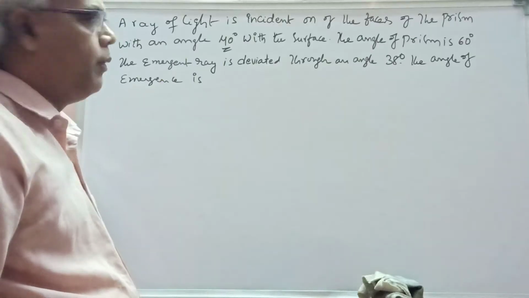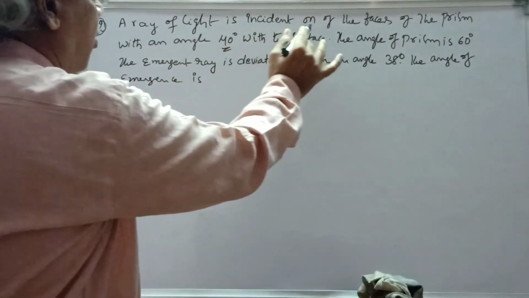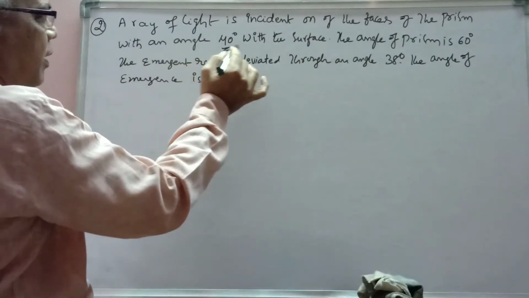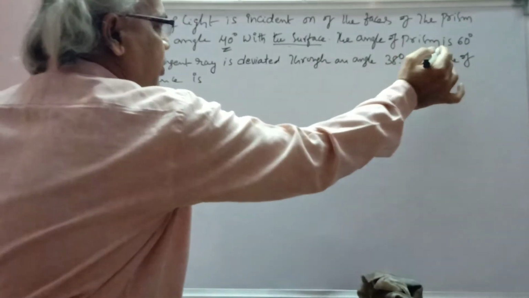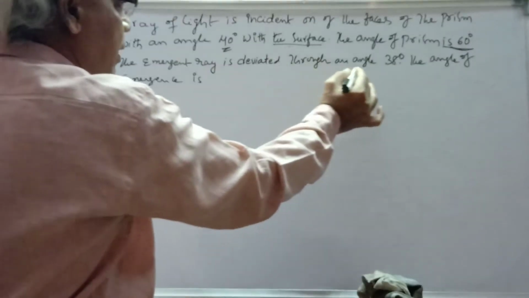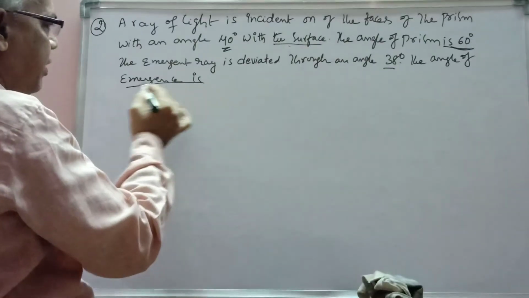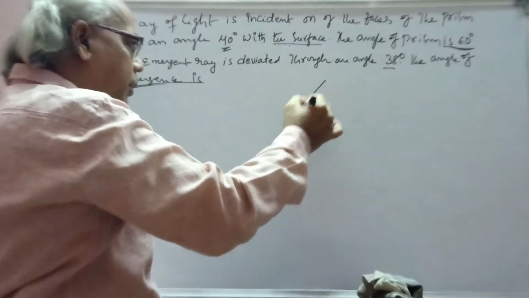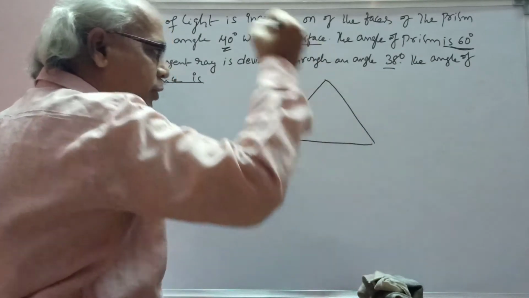Now in this problem, a ray of light is incident on one of the faces of the prism with an angle 40 degree with the surface. The angle of prism is 60 degree. The emergent ray is deviated through an angle 38 degree. The angle of emergence is? Here the angle of incidence is not given in this problem.